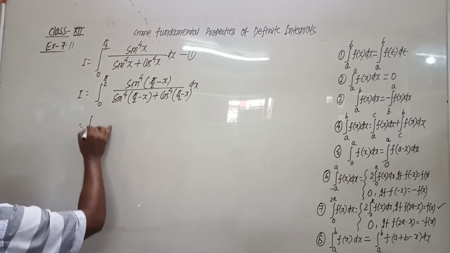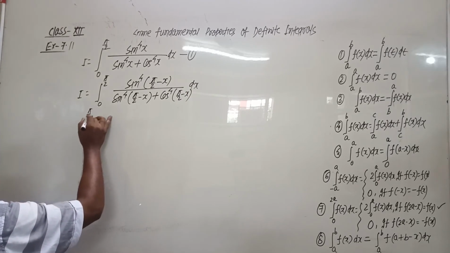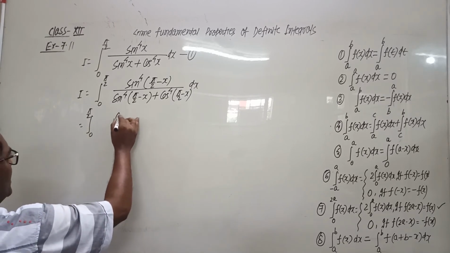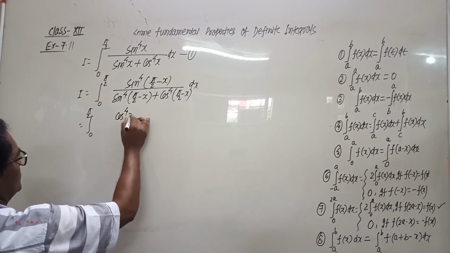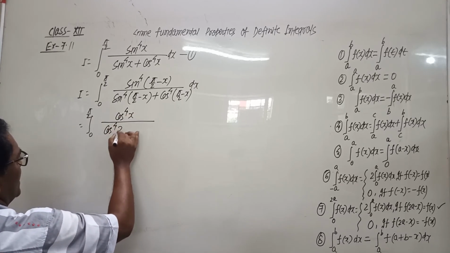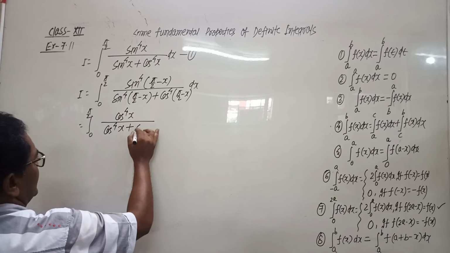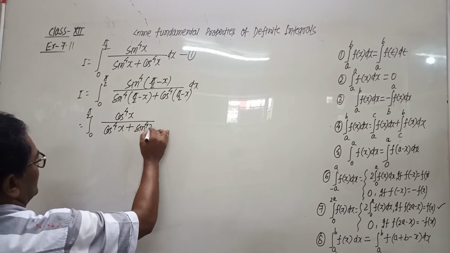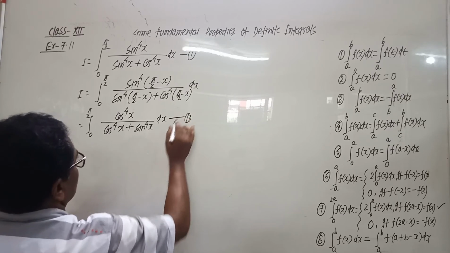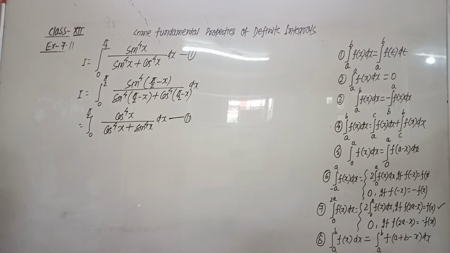So this becomes sin of 90 minus theta, which is cos theta, so cos^4 x, and cos of 90 minus theta is sin theta, so sin^4 x, dx. This is another equation, equation number 2.